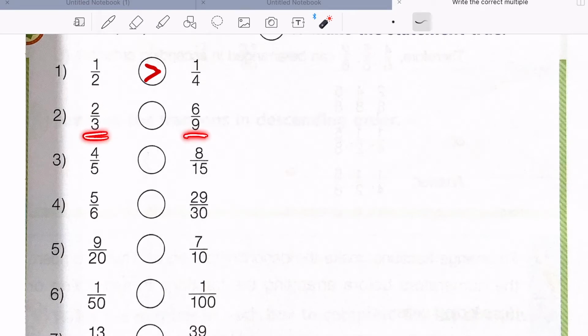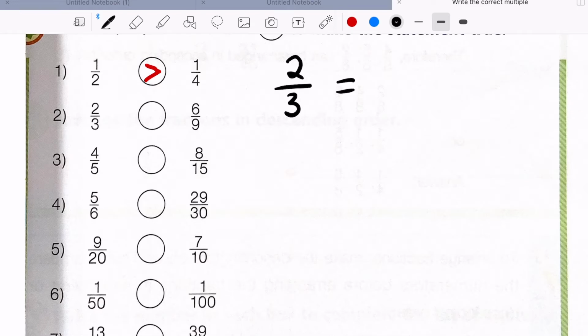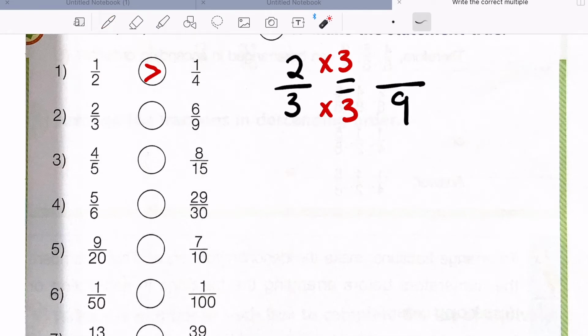Let's turn 2/3 into something over 9. How do we do it? What do we have to do? 3 times what equals 9? 3 times 3 equals 9. 2 times 3 as well, right? Times 3 on the bottom, times 3 on the top.